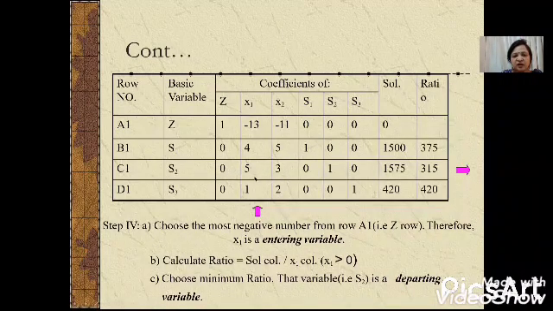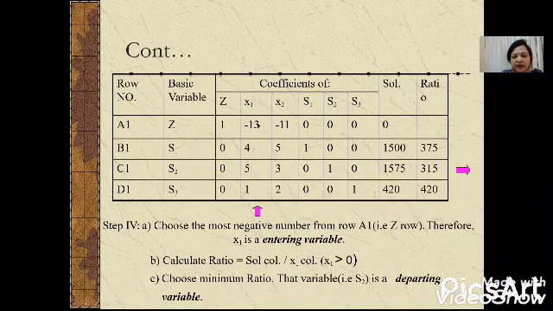Now, after writing this, we choose the most negative number from the first row, that is called the Z row. So the most negative number in this row is minus 13. It means x1 is the entering variable.